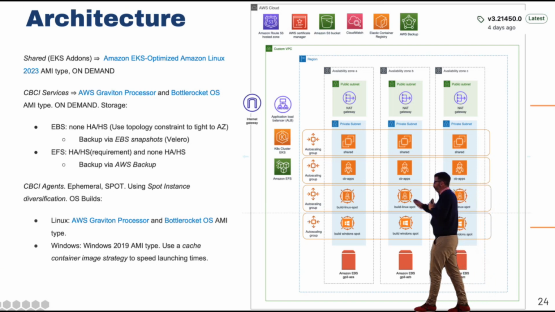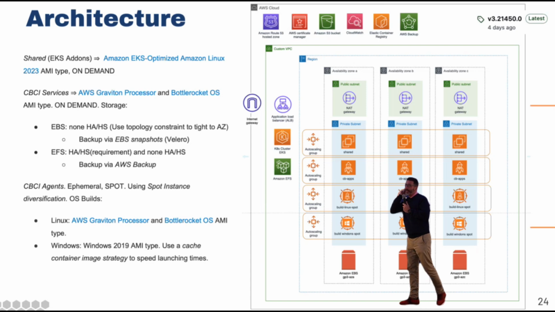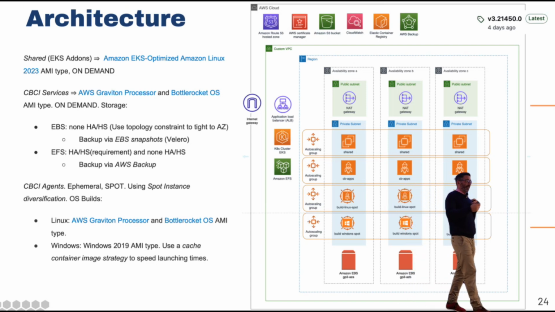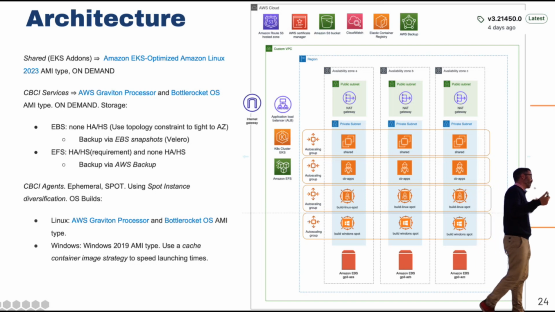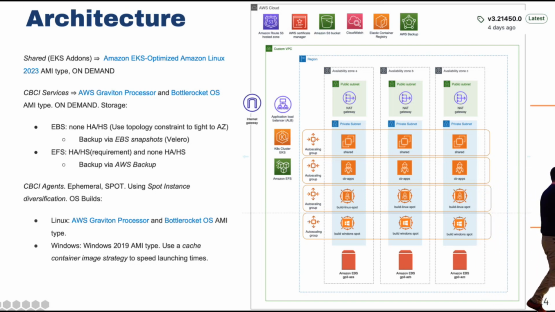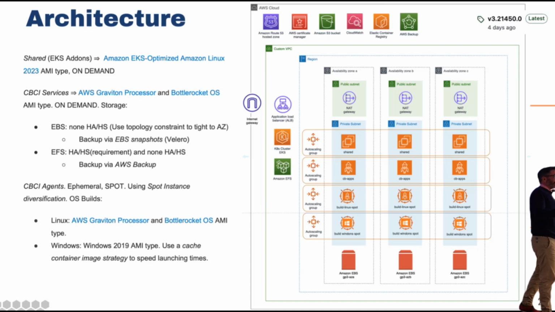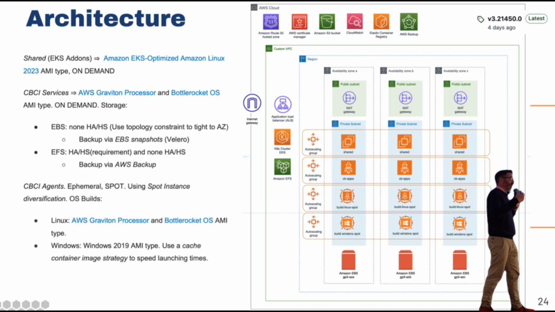Then, looking at the CloudBees CI managed node group, we have 2 types of storage. We can do it using EBS, and we can do it using EFS. EBS is for those controllers that specifically require lower latency. But the downside is that the scope of EBS is the availability zone.